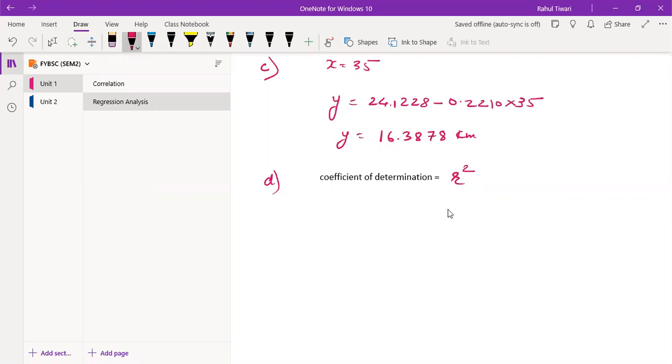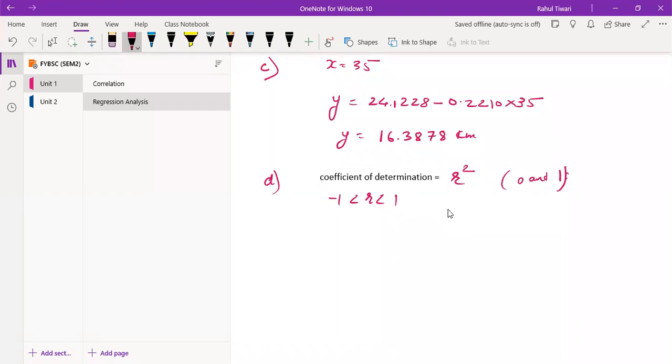Usually the value of R lies between -1 to +1. So what could be the value of R square? Anyone? 0 to 1, right? So the R square value always lies between 0 to 1.